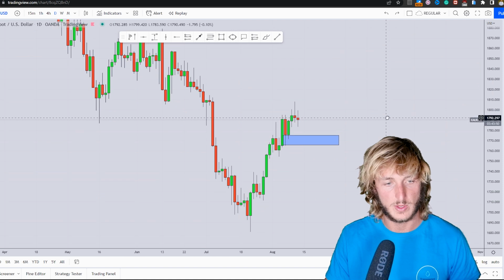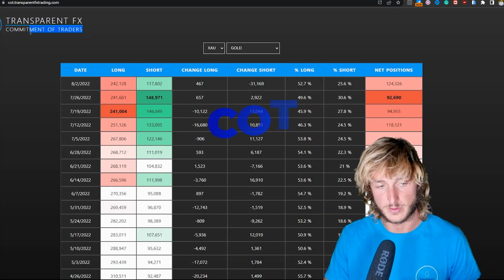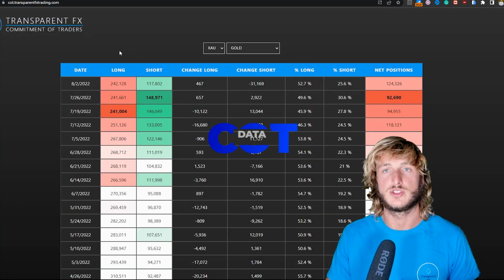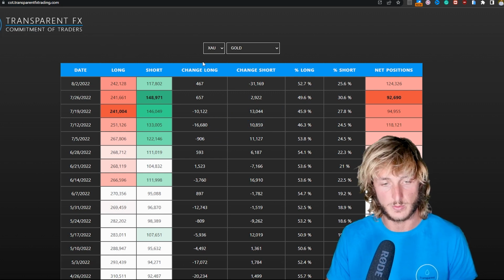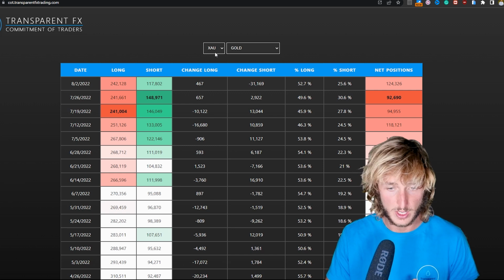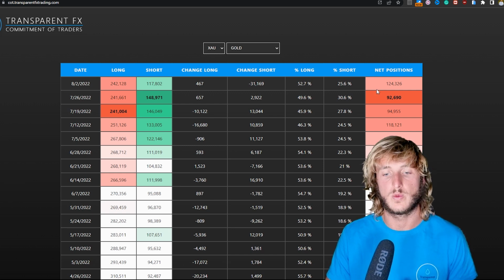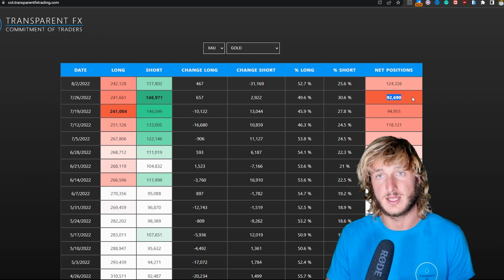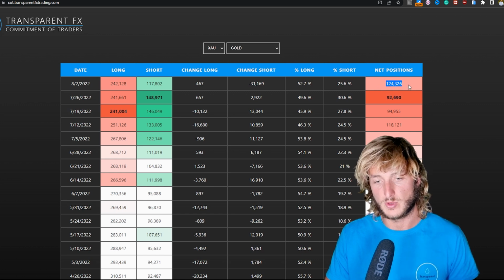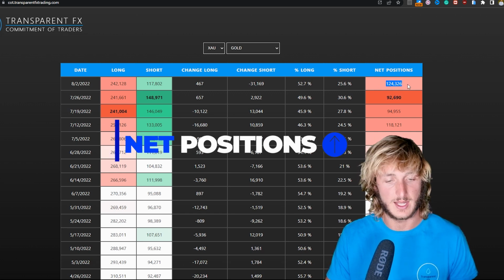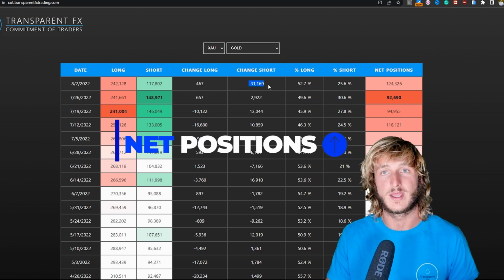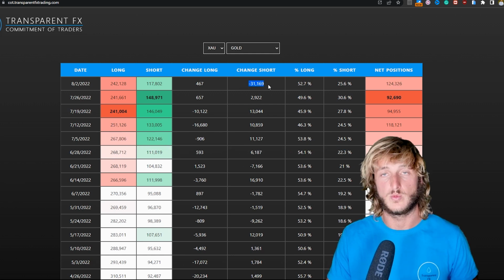Now, if we go and see what we have when we look at the commitment of traders, so the COT data, which is what the non-commercials, so the biggest speculators in the market are doing, and we check it specifically for gold, what we can see is that with the last report, we went from having 92.6k net positions all the way up to having 124.3k net positions with 31.1k shorts closed with the last report, and not many longs getting added.